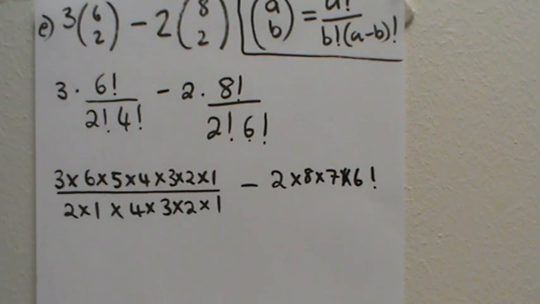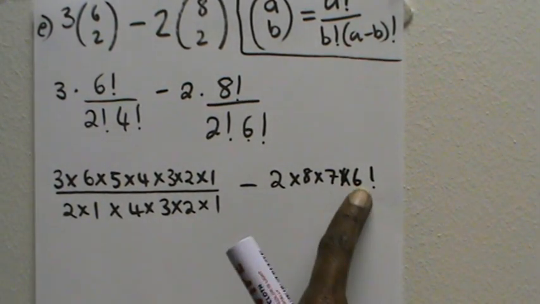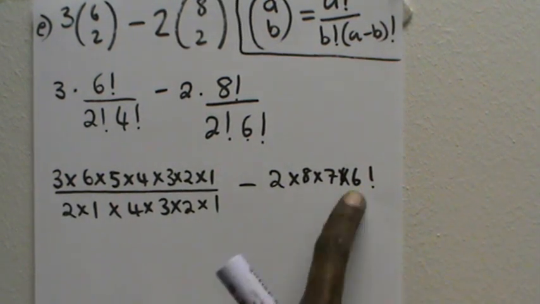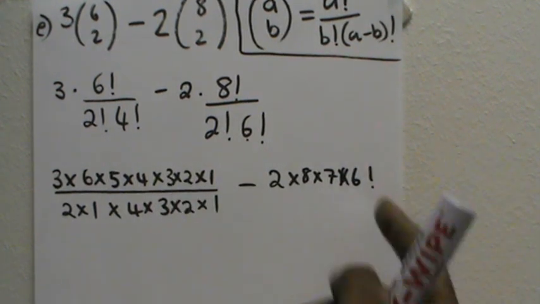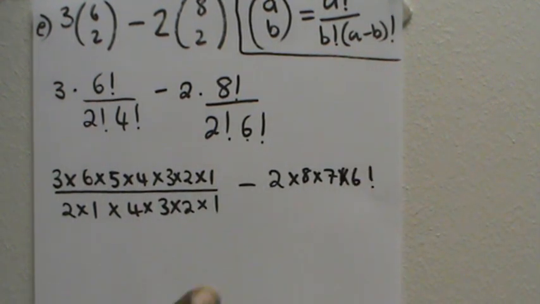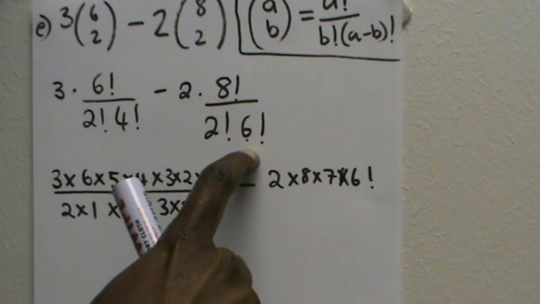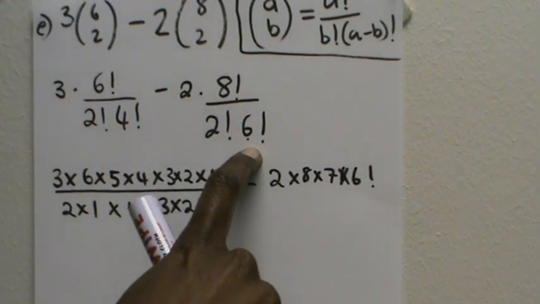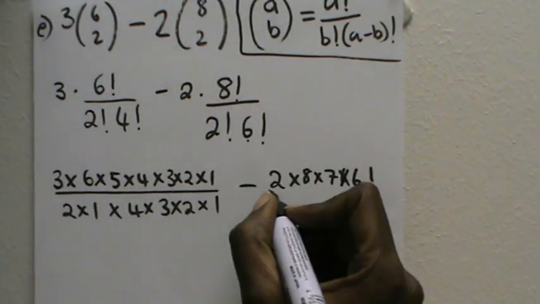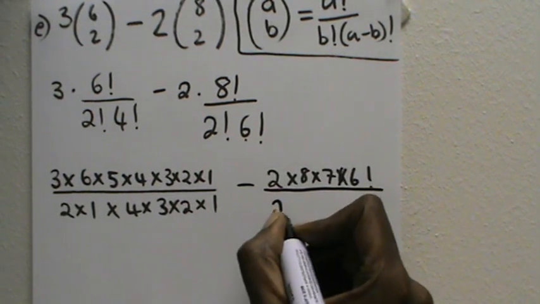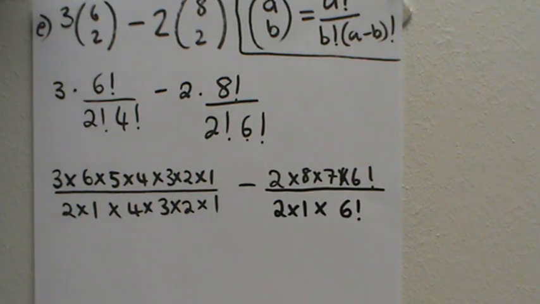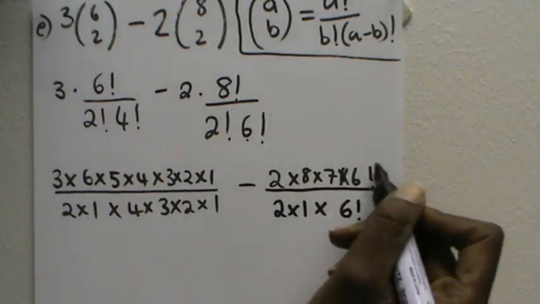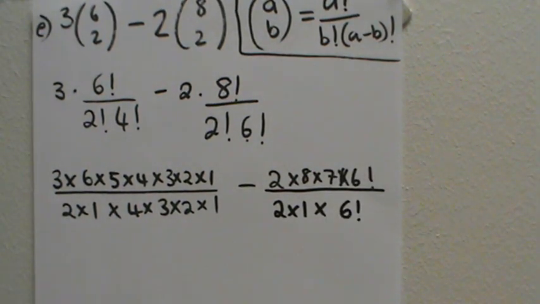And here, interestingly enough, when I say times 6 times 5 all the way up to 1, that is just 6 factorial. And the reason I didn't write it down, firstly because I don't have space, and also because there's a 6 factorial in the denominator there, it will cancel out. So I have 2 times 1, and then this 6 factorial, I'm not going to write it out because I can see it's going to cancel with that 6 factorial I have over there.